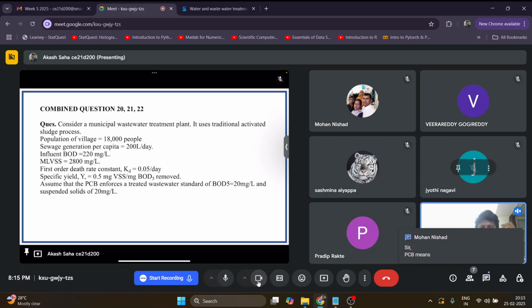PCB is nothing but the pollution control board. They are saying that the pollution control board is saying that the final effluent should have BOD5, BOD at the fifth day, of 20 milligram per liter and suspended solids of 20 milligram per liter.